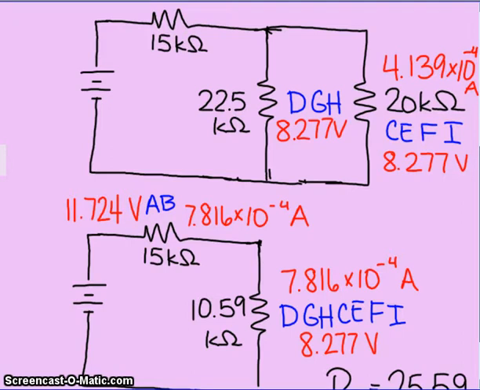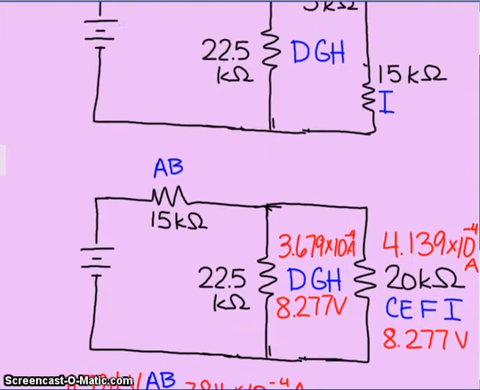And for DGH, I get 3.679 times 10 to the negative fourth amps. I know everything I could possibly know about each one of these resistors now. So I can move up a picture.